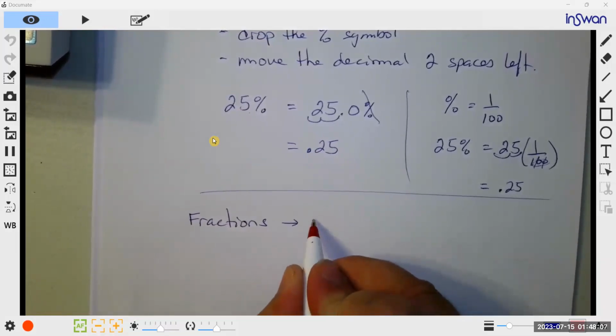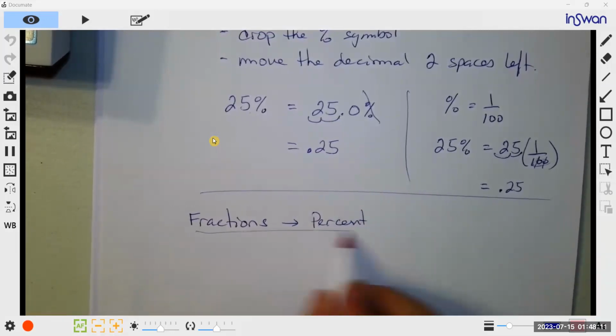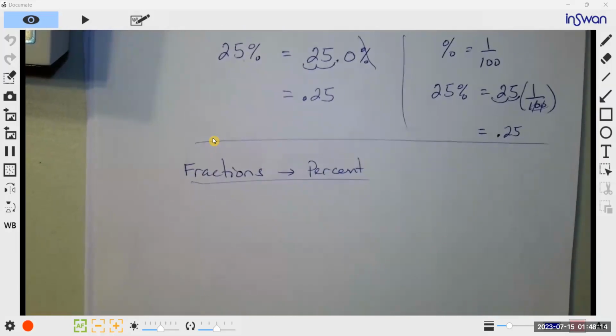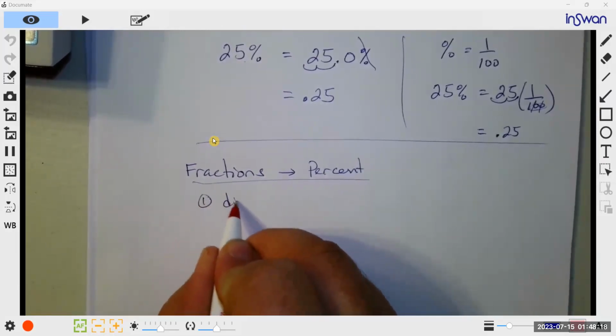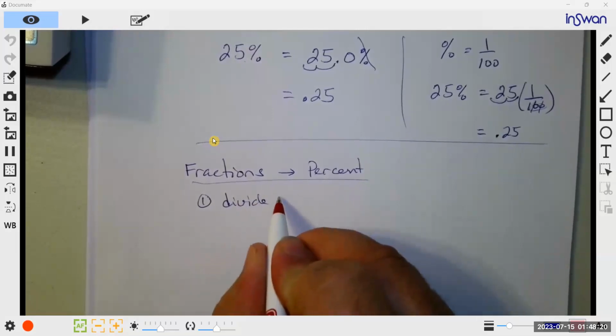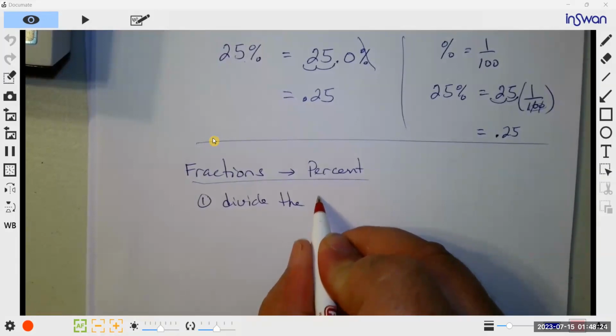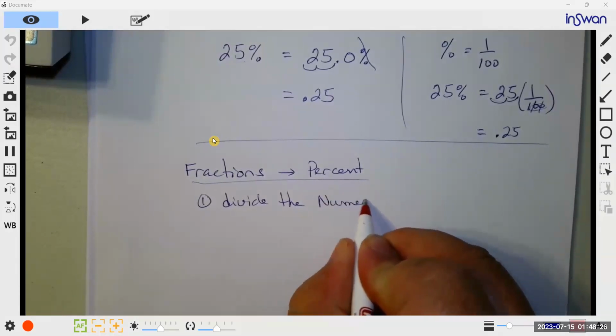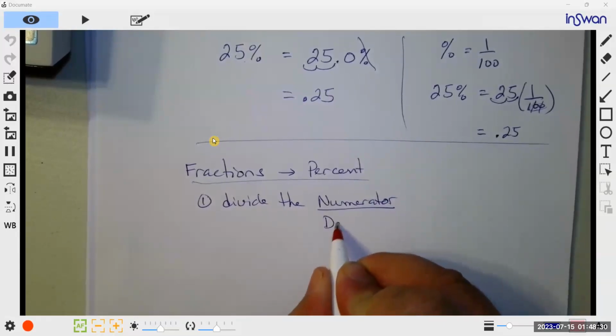And last one is fractions to percent. First step. Divide the numerator by the denominator.